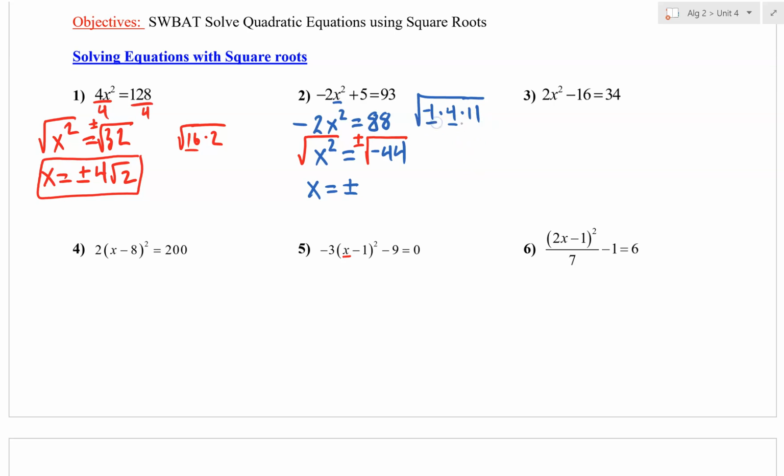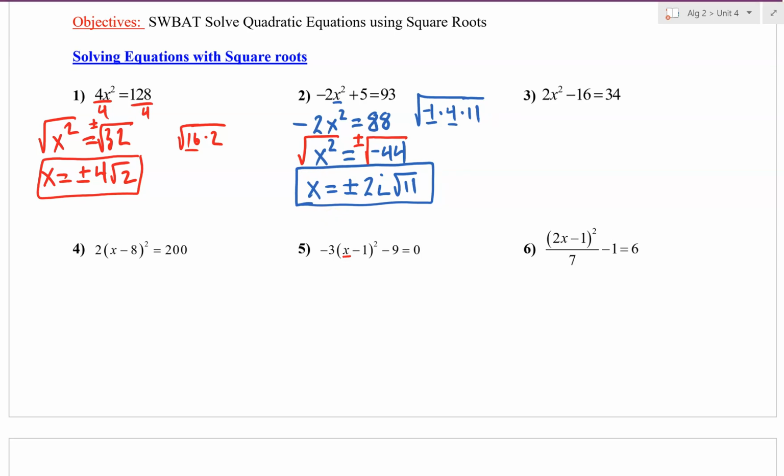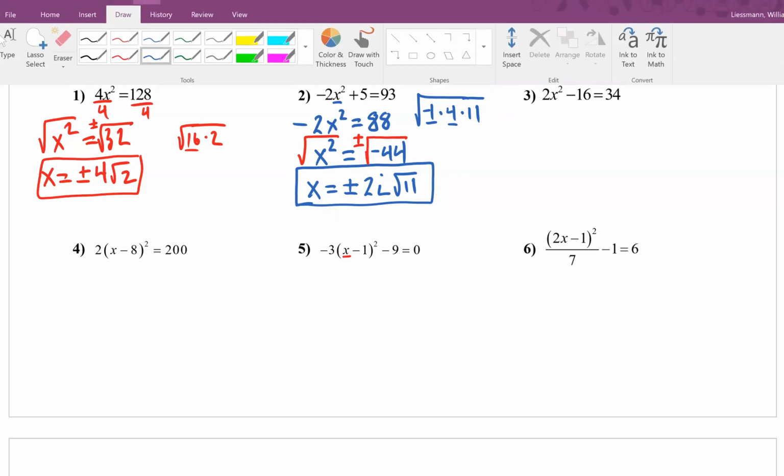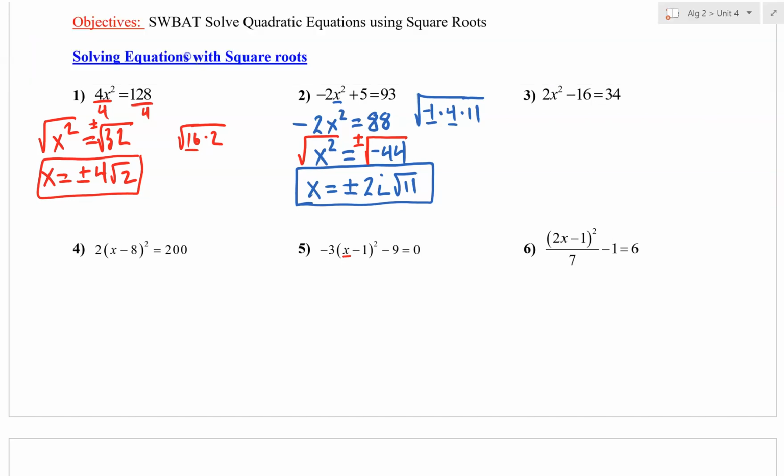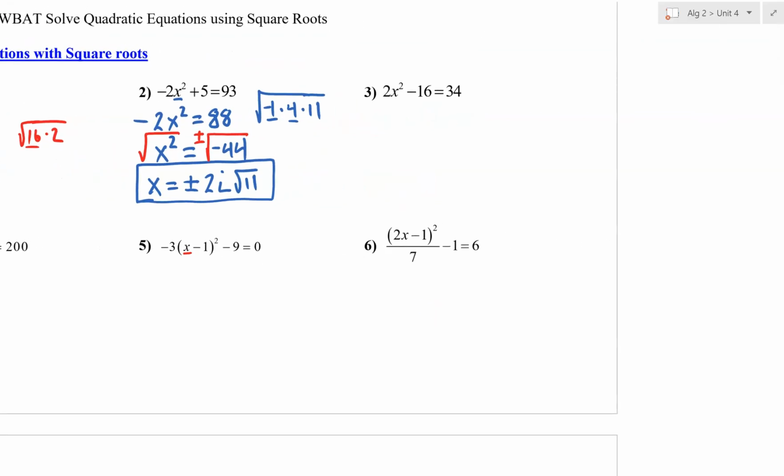We deal with negative 1 by using an i. So this is going to be 2 coming out, i, and then square root 11. And this would be our answer to this one. There are two answers, a positive 2i root 11 and a negative 2i root 11.